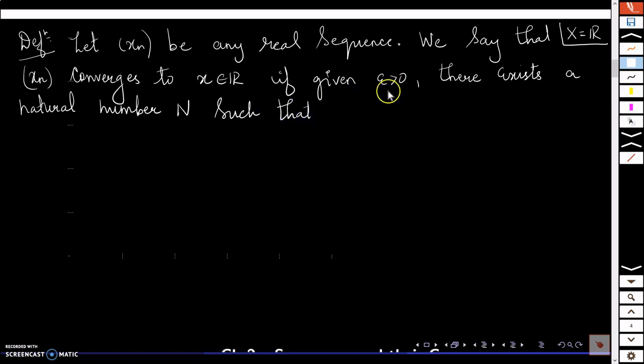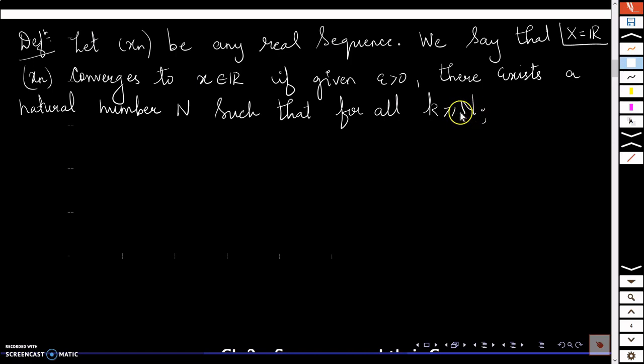given any epsilon positive there exists a natural number which I am choosing to be capital N such that for all small k's bigger than or equal to this natural number. Okay, so I'm considering the natural numbers n, n plus 1, n plus 2, n plus 3 and so on.